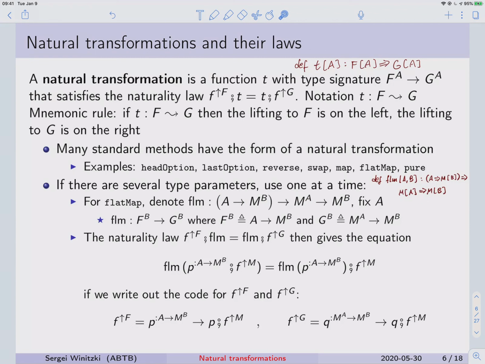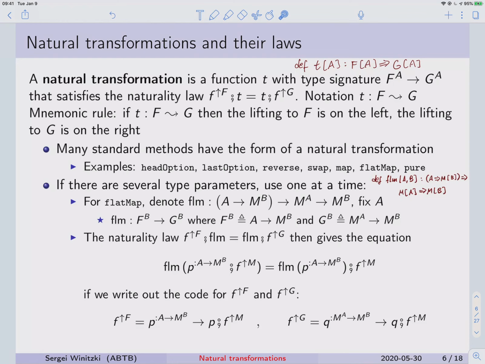So what is the naturality law for flatMap in this formulation? The naturality law always has this form, but the type constructors F and G are now defined in this strange way. No matter, we need to write down what is the lifting of some function to F and some function to G. Now if you write down what that must be, so F is a type constructor that is covariant in B, and you should be able to lift to it any function.